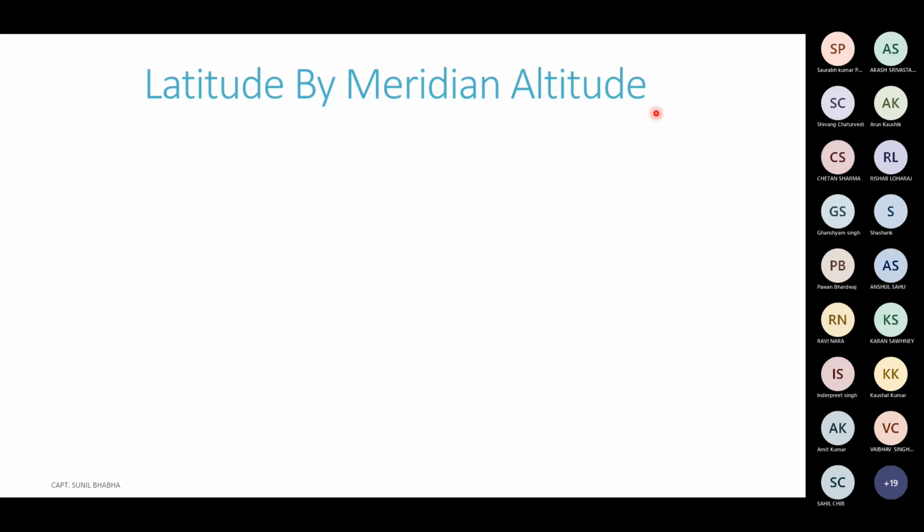So the Marpas method is used when the body is crossing the observer's meridian. Now let us see what all information is provided to us in these questions. The information provided is, number one, the date of the observation, the sextant meridian altitude of the body.